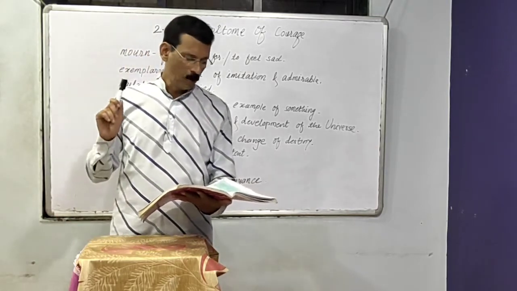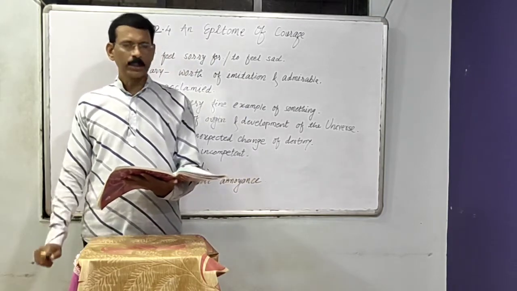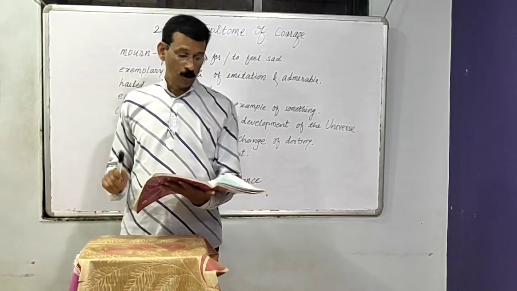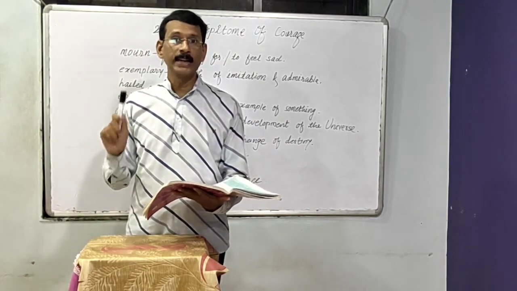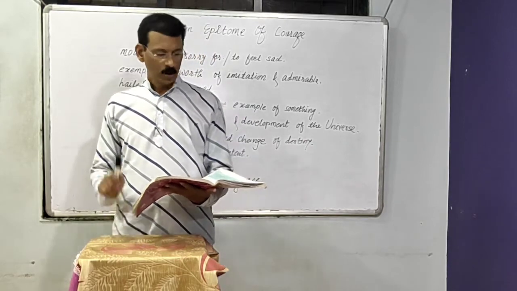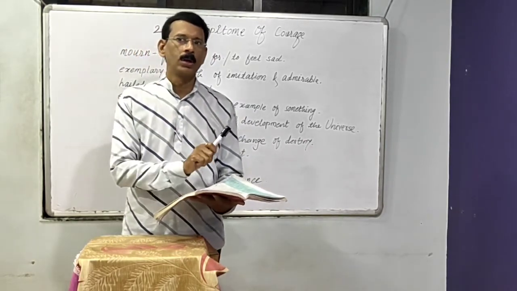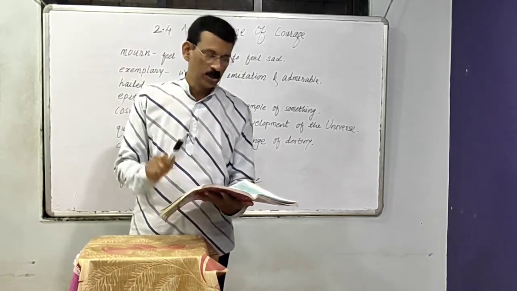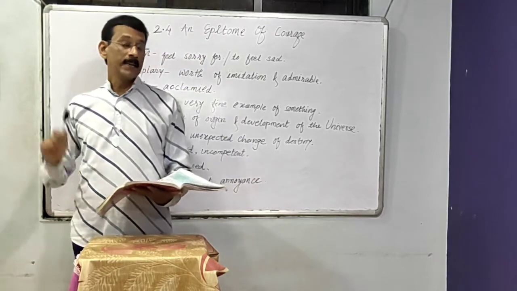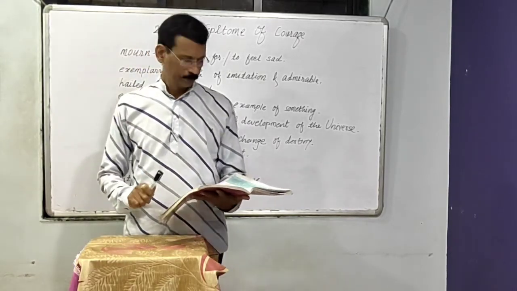Dr. Stephen Hawking. Who was Dr. Stephen Hawking? He was the greatest scientist of this century. Dr. Stephen Hawking did not do so. Means he did not hide himself behind his weaknesses, behind his disabilities, behind his handicaps.